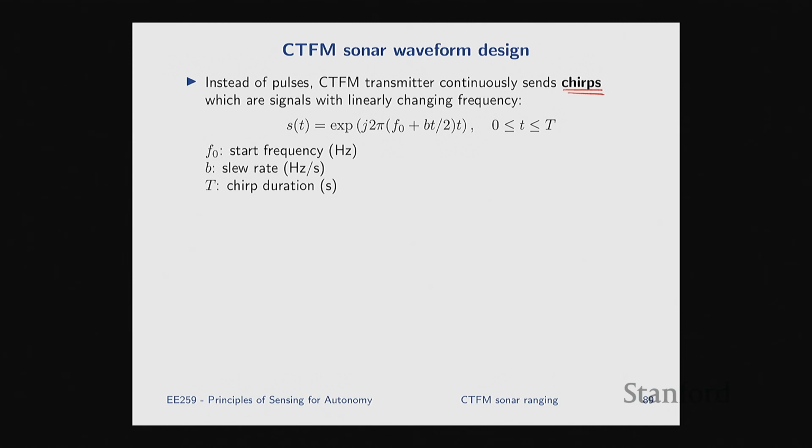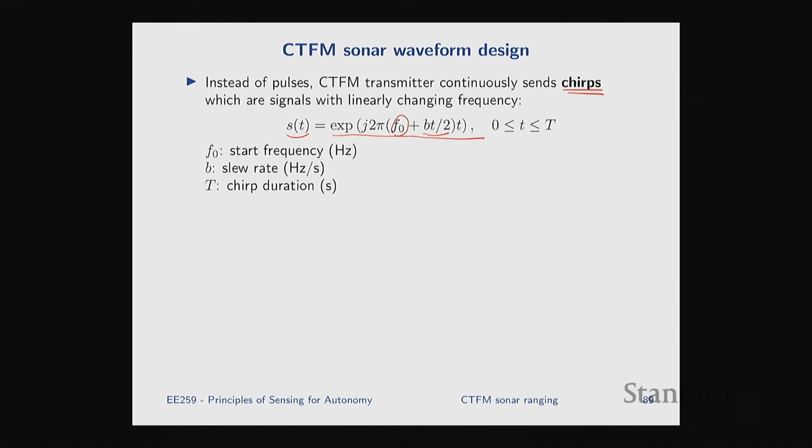So the signal waveform that a CTFM system sends, let's call it S of t, has this very simple expression: e to the j 2 pi (f0 plus b t over 2) times t. Okay, so let's break this down.